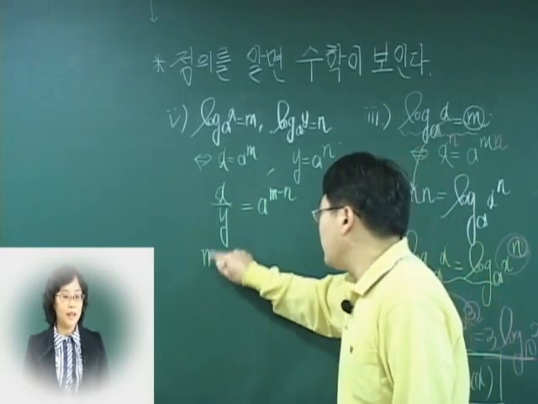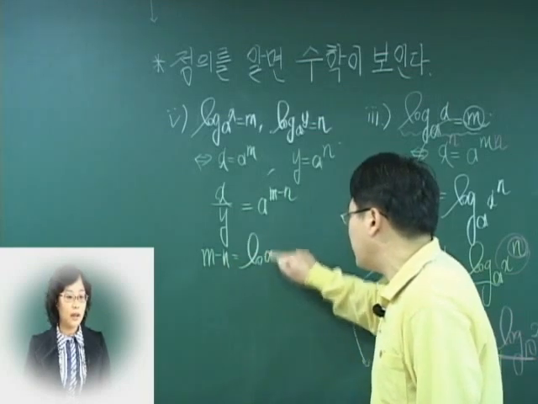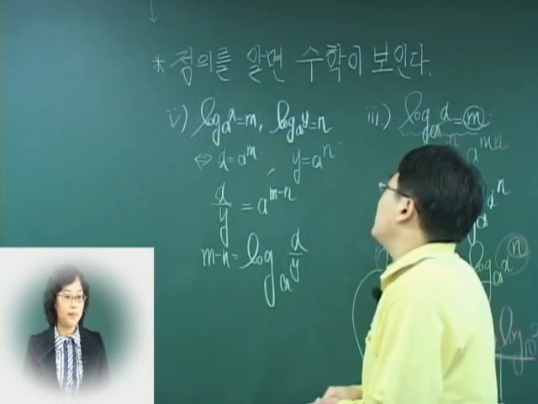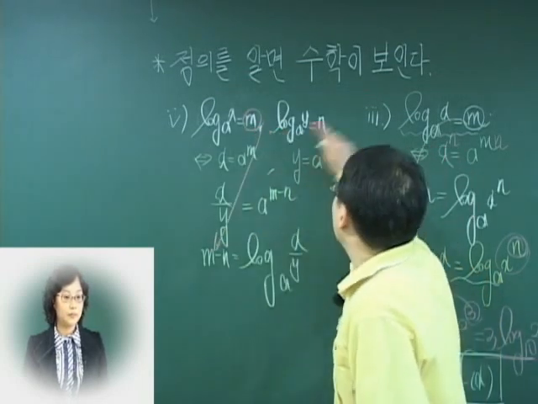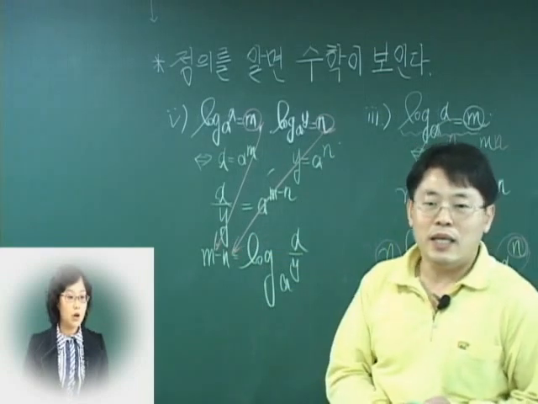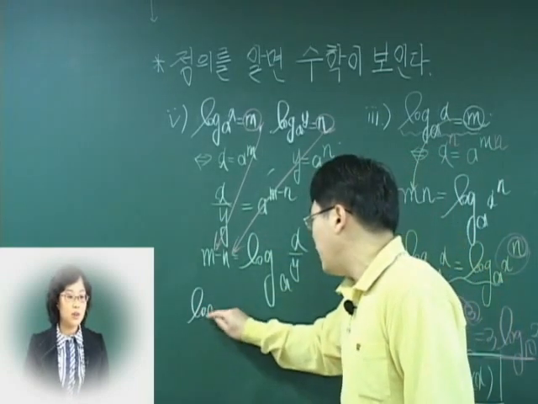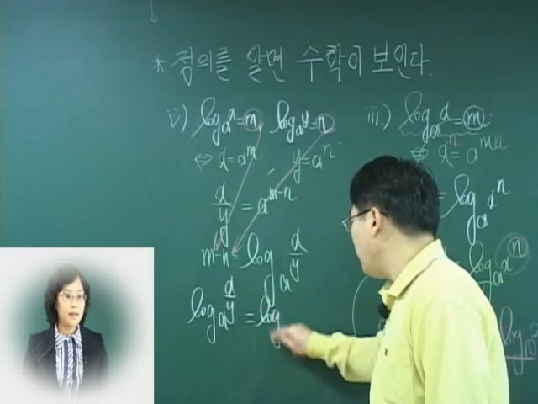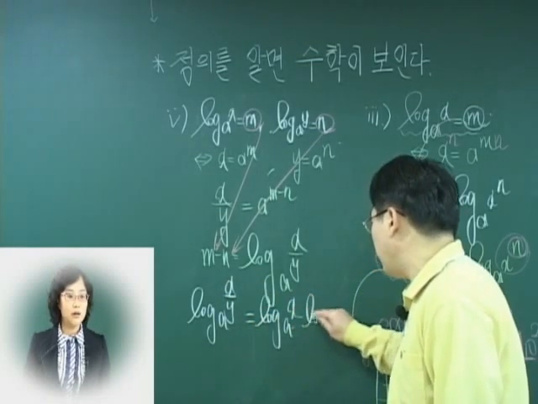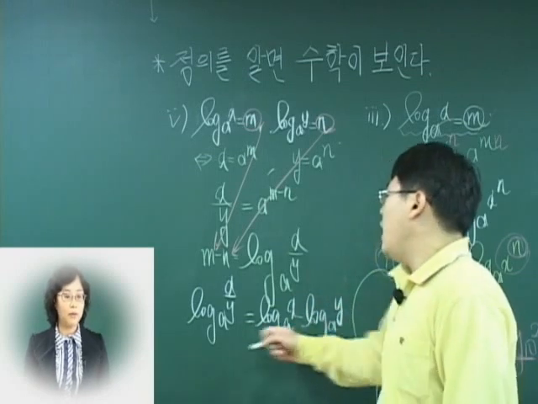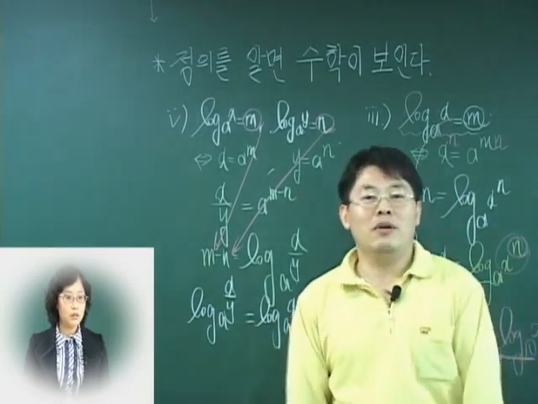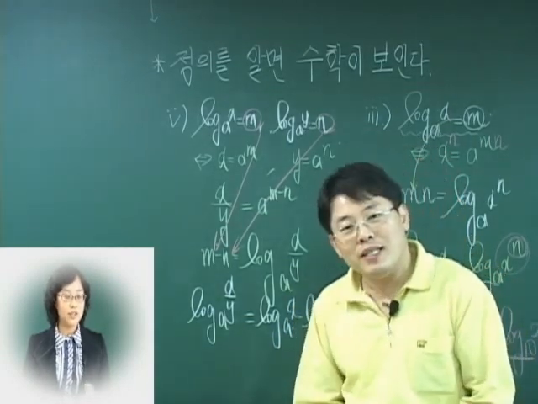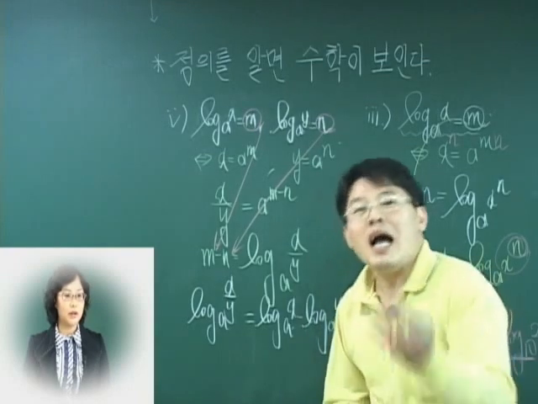Change into m minus n relation: log base a of x over y. So we substitute for m and n here. Log base a of x over y equals log base a of x minus log base a of y. Since quotient is subtraction and multiplication is addition, let's change it into logarithm.